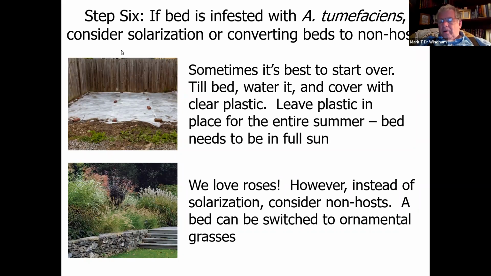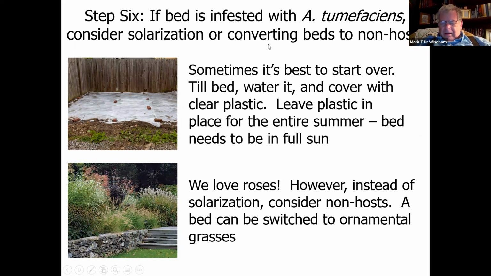So I'm going to learn to like ornamental grasses because they're an absolute, remember grass, if it's the bed emitting grass before, we assume there's no agrobacterium there. Ornamental grasses will not be bothered by high levels of agrobacterium in the soil at all. So this is one thing we can do.